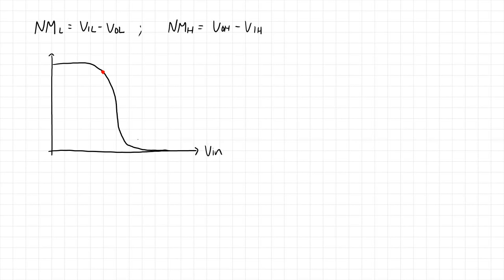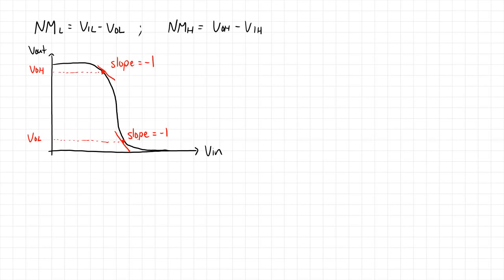We should never draw a plot without labeling the axes. The slope at which this curve is equal to -1, we're going to say is equal to VOH. Okay, and likewise over here, the slope where this is equal to -1, we're going to say this is VOL.